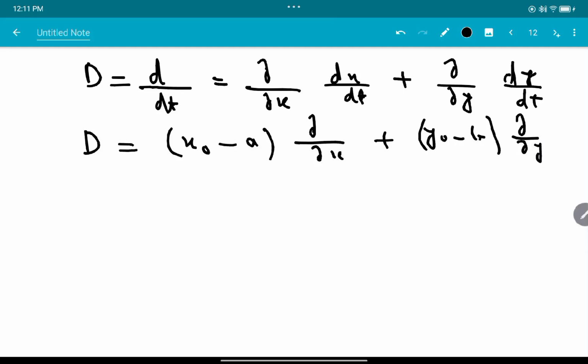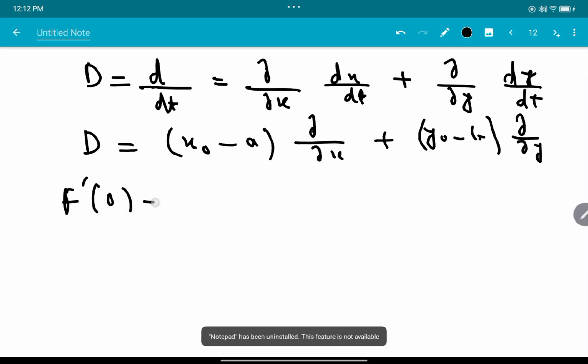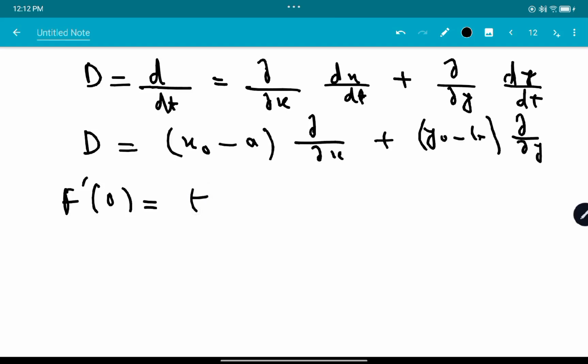Okay, this is D. Till now we have f dash, now we have to evaluate f dash 0. So f dash 0 we write is equal to f dash t at t equal to 0.